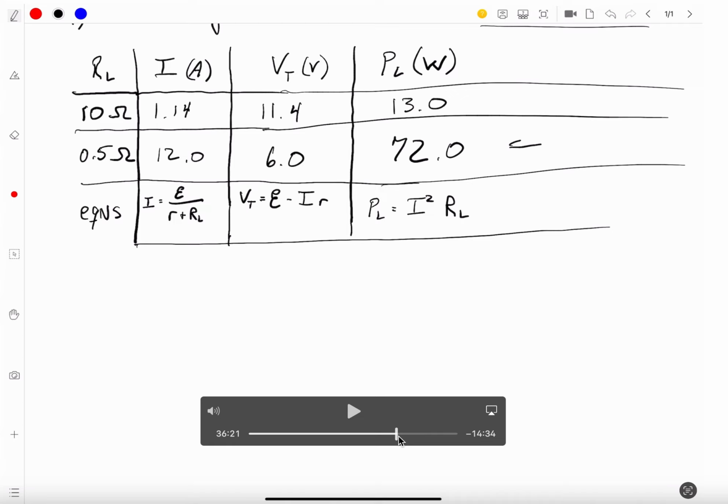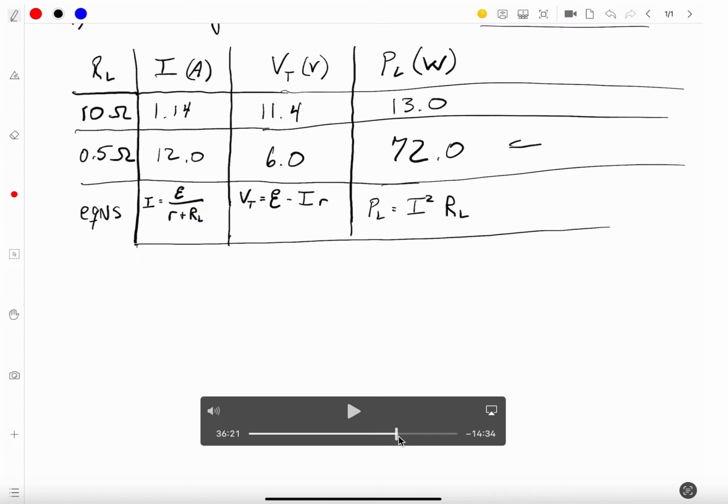So I is our EMF divided by our new r, which is 0.5 ohms, plus RL, which would be either 10 ohms or 0.5 ohms. That gives you 12 amps for the 0.5 ohm and 1.14 amps for the 10 ohm.